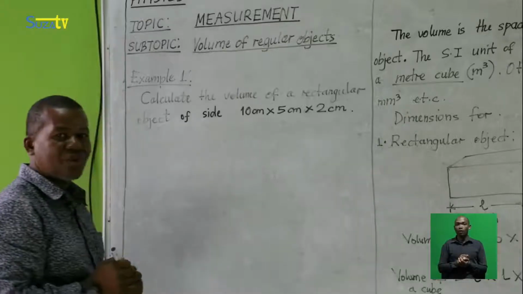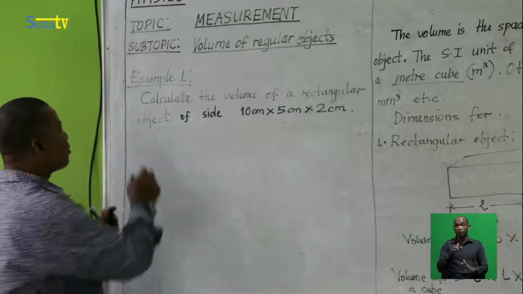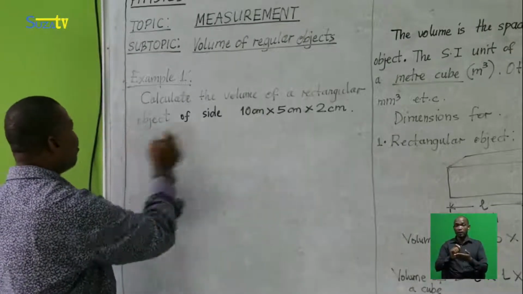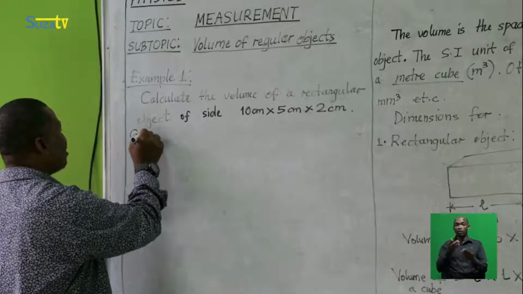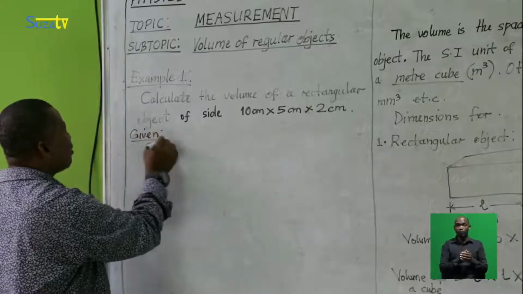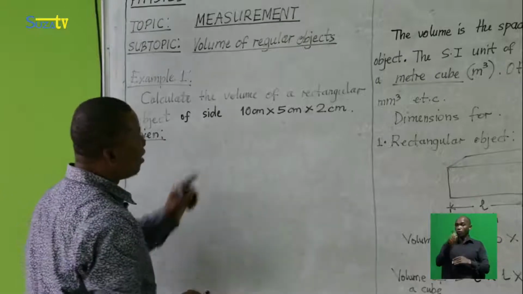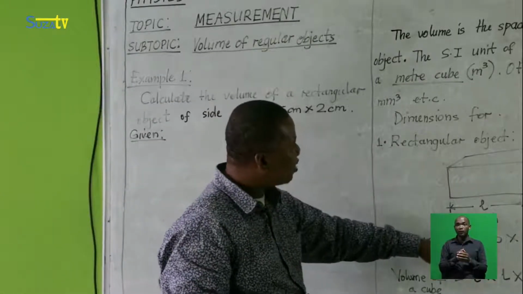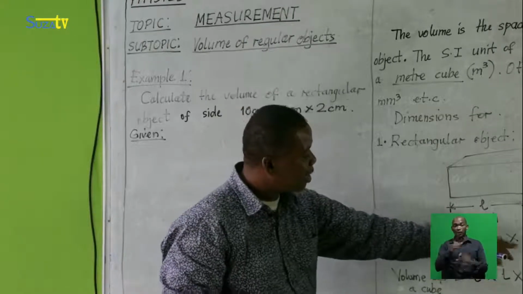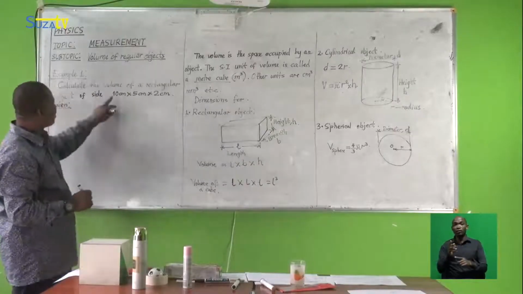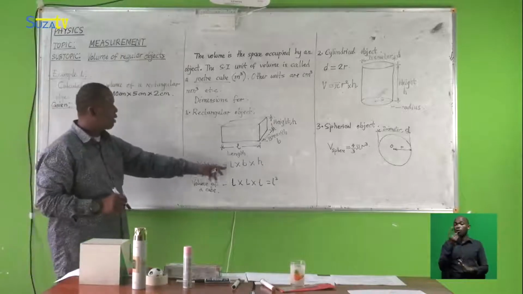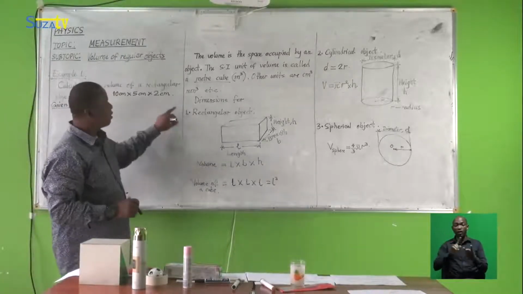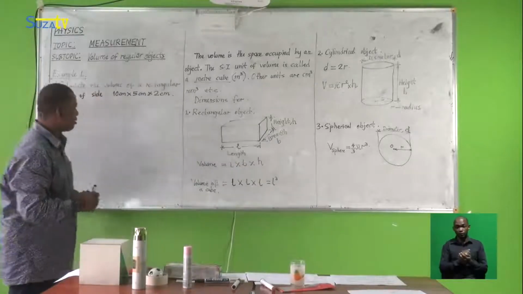Okay, so first of all, we have to write our given value. So this is the given. What we have from there, as we have seen here, the dimension for the rectangular object is length times breadth times height. It means that the first one should be length, the second one is breadth, and thirdly, we have height.